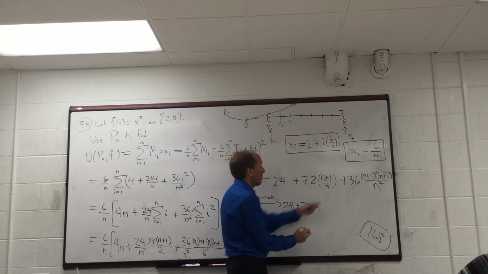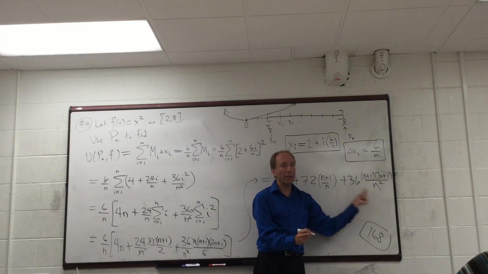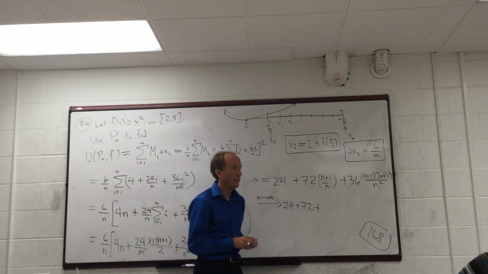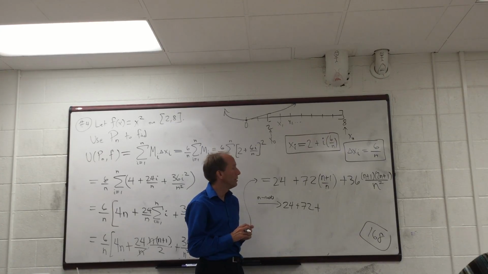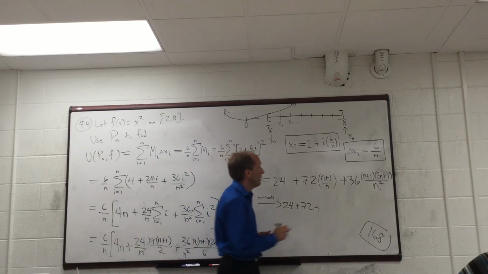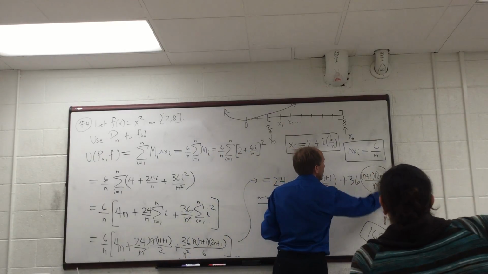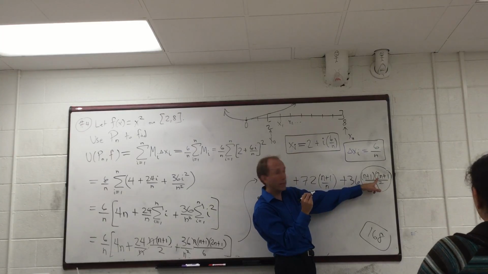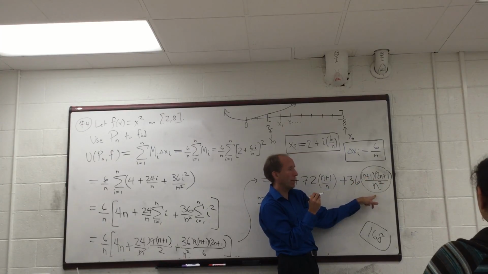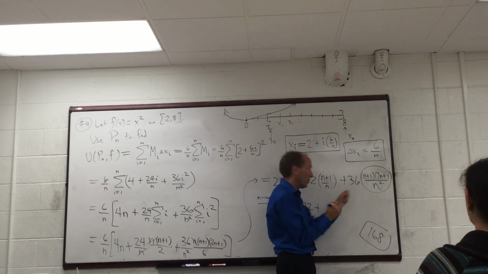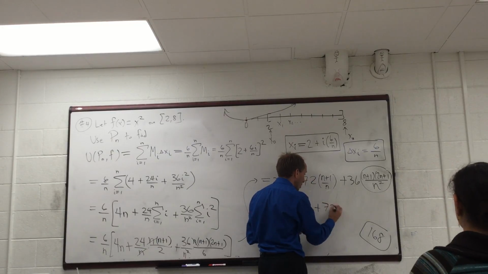Good. Okay, and then what about this term when n gets really big? 2. Yeah, this part approaches 2 because you have 2n squared over n squared, but then it's multiplied by 36. So this term is 2 times 36, which is also 72.